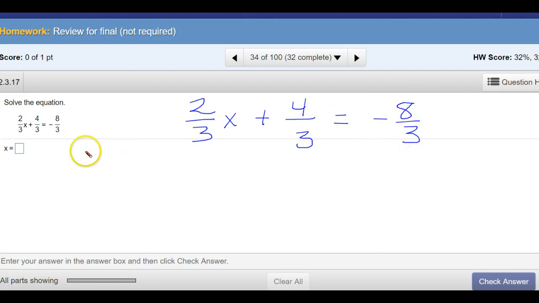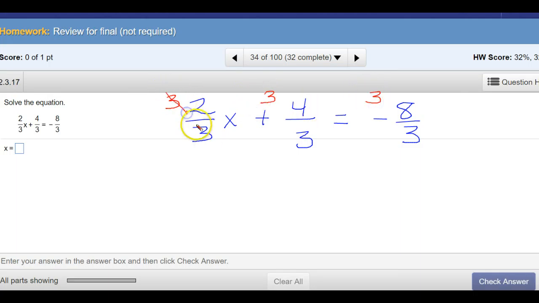So this equation has fractions, and in our protocol for solving equations with fractions, we want to get rid of our denominators and make them all 1s. So the rule is we multiply each term by your lowest common denominator. Well, this one's easy because there's only a denominator of 3. So we're going to multiply everything by 3, every term.